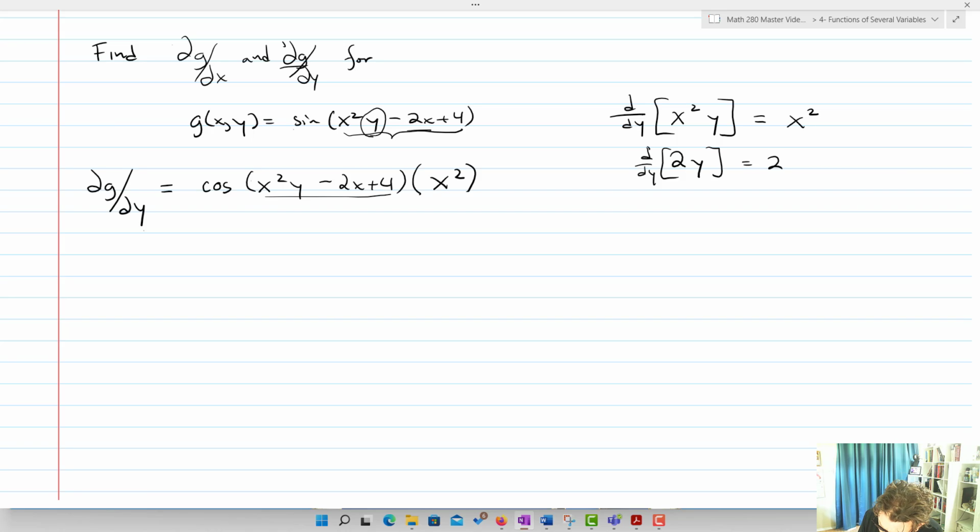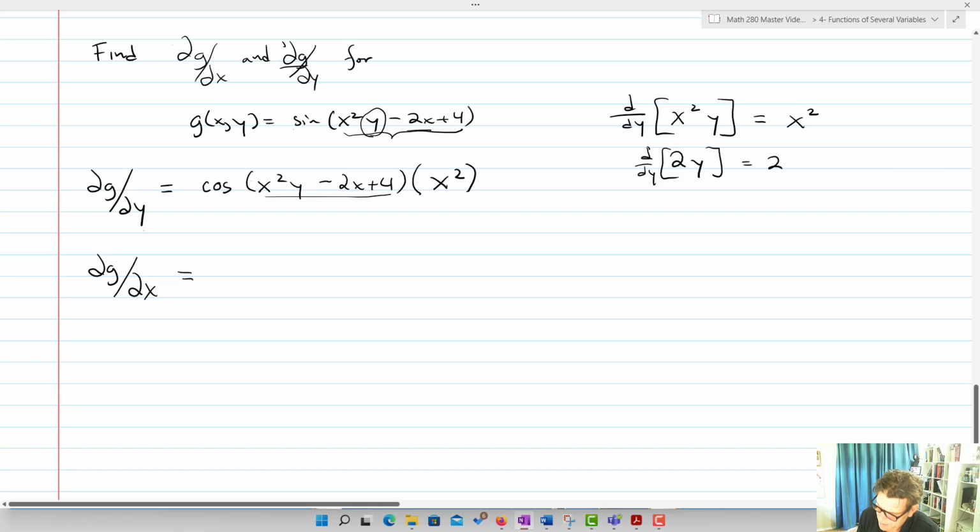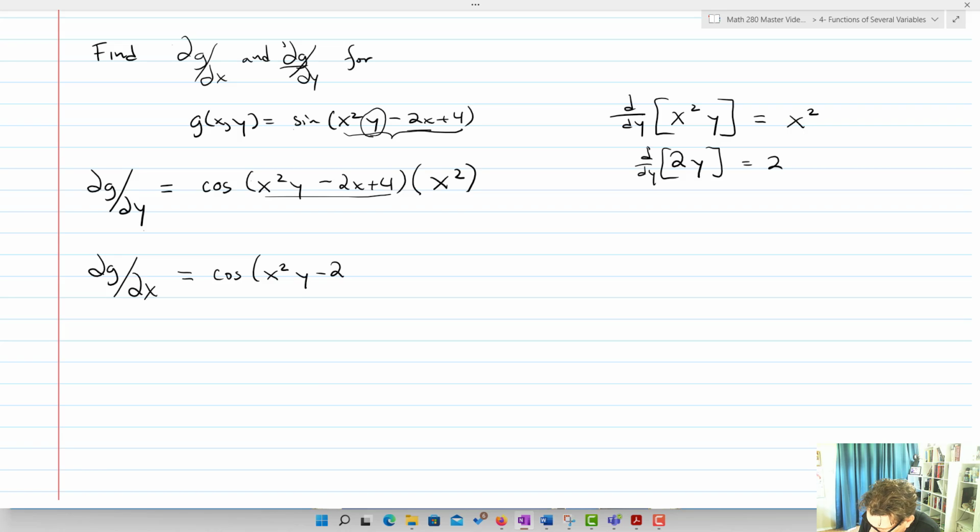What about dg dx? Well, we've got to use the chain rule again. So we've got cosine of x squared y minus 2x plus 4. Now we're going to do something a little bit different, with respect to x. What would d dx of x squared y be?